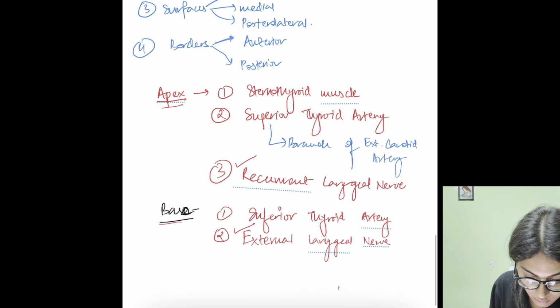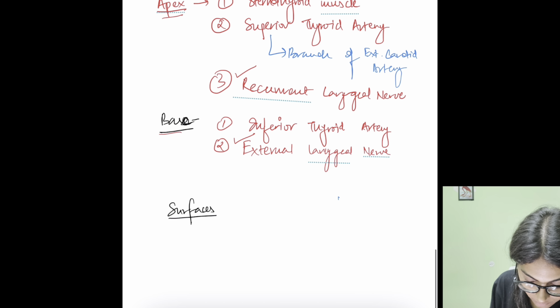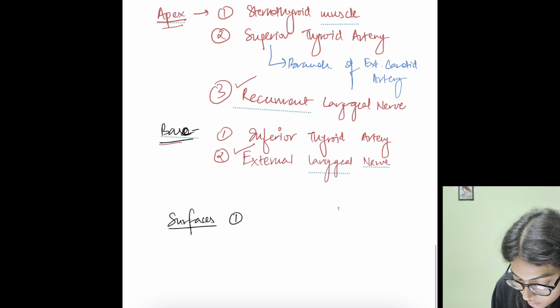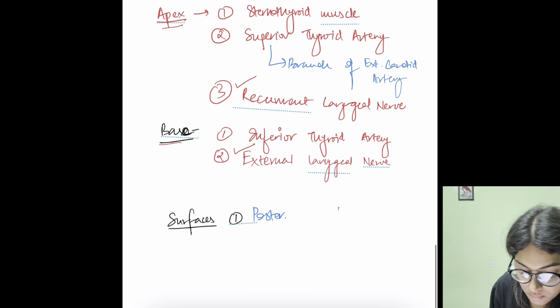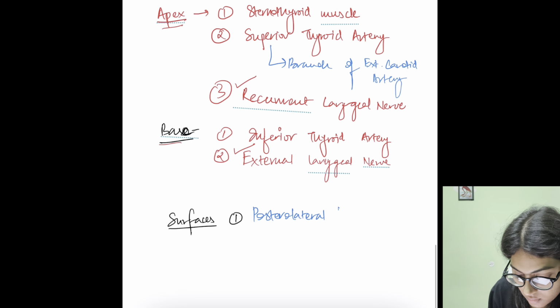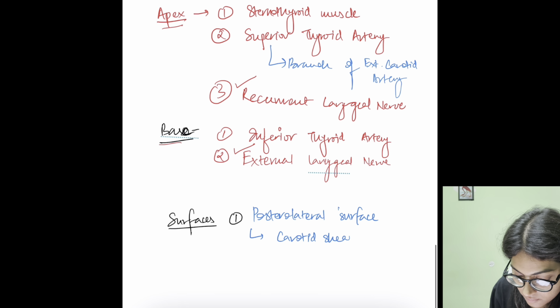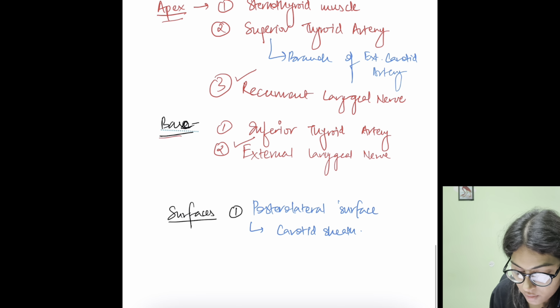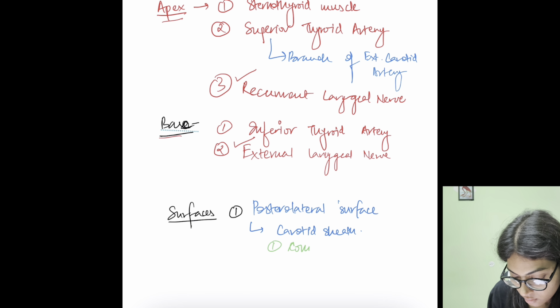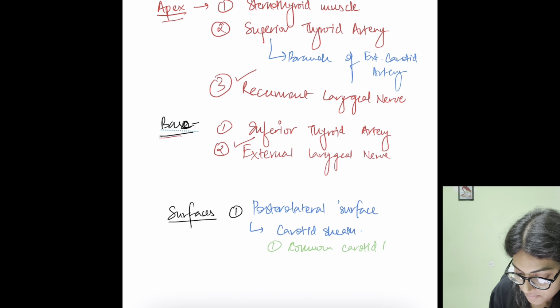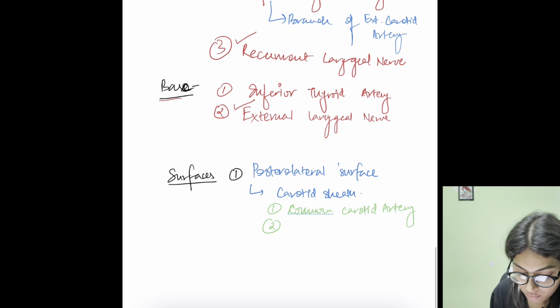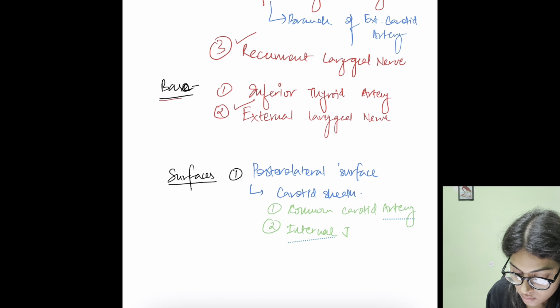And if we talk about the surfaces, first on the posterolateral side, there is no diagram for this. On the posterolateral surface we have the carotid sheath, and the contents of the carotid sheath are, first, the common carotid artery; second, the internal jugular vein; and third, the vagus nerve.